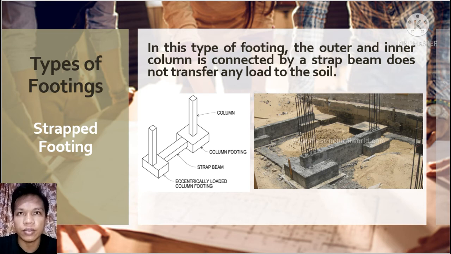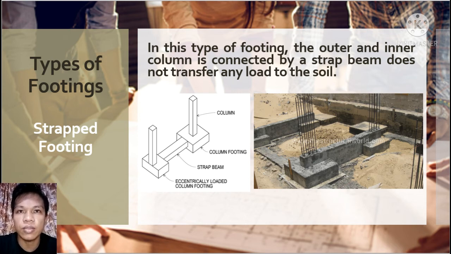Strap footing. In this type of footing, the outer and inner columns are connected by a strap beam, which does not transfer any load to the soil. Strap footing is a unique kind of compound footing with some additional parameters. In the case of strap footing, the distance of the column from the edge is so small that it might need extra excavation.